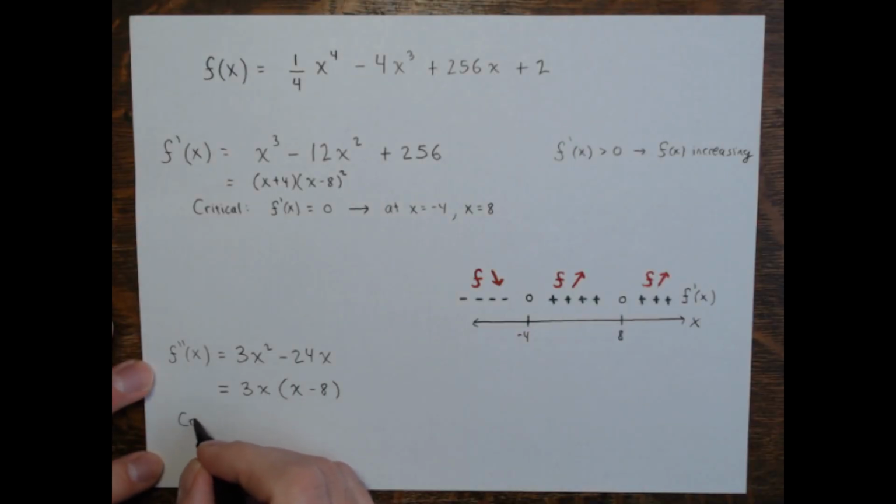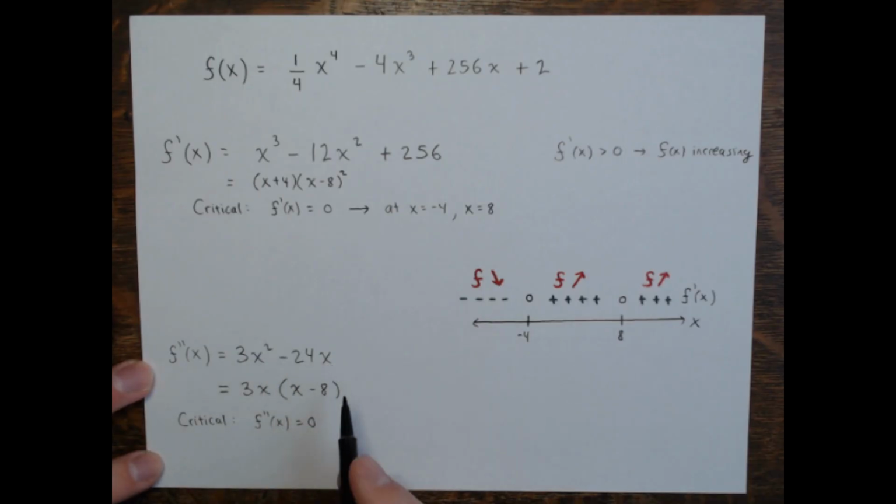So my critical values for the second derivative, where the second derivative is 0 or where the second derivative is undefined. Again, this is a polynomial, so don't have to worry about it being undefined. This happens at x equals 0, and again at x equals 8.